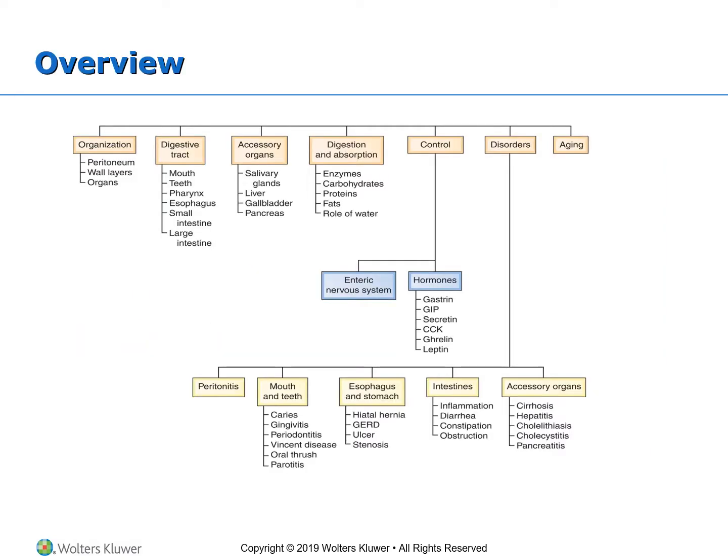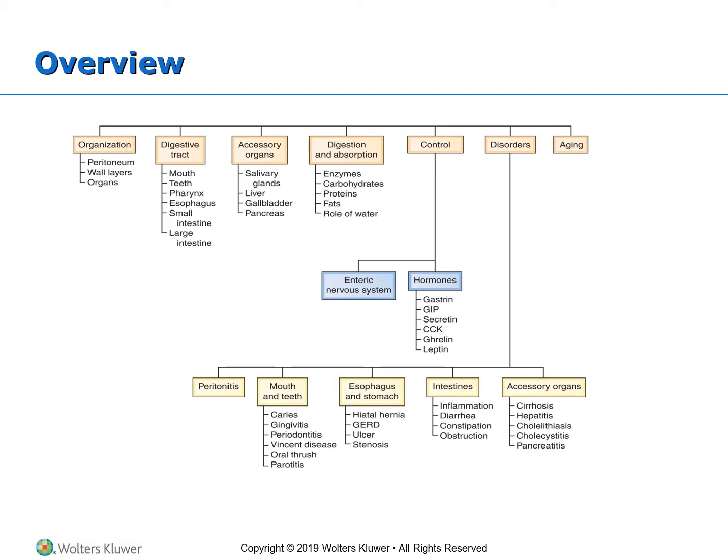This is the overview of today's lecture. We will cover the organization of the digestive system. We'll describe the elements of the digestive tract. We'll also describe the accessory organs. We'll detail the digestion and absorption processes. We'll cover the control of the digestion and absorption, including the enteric nervous system and the hormones involved in that.